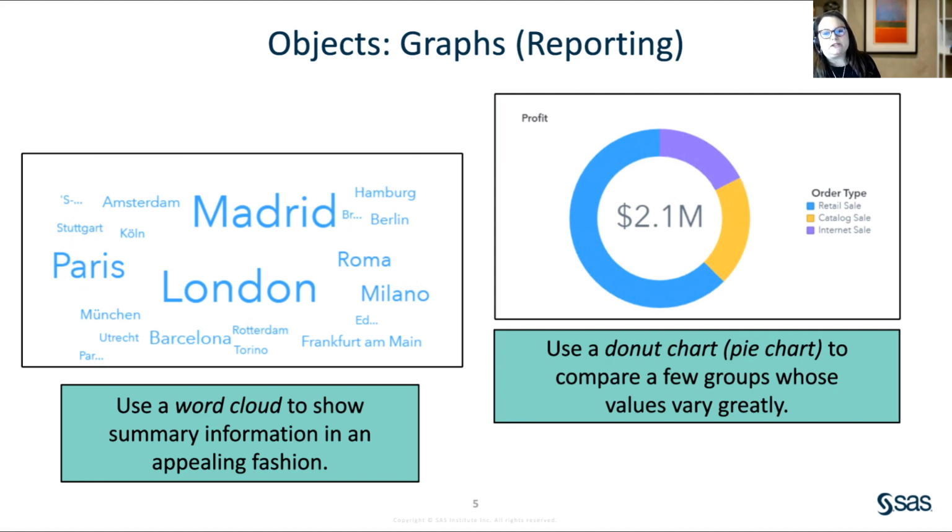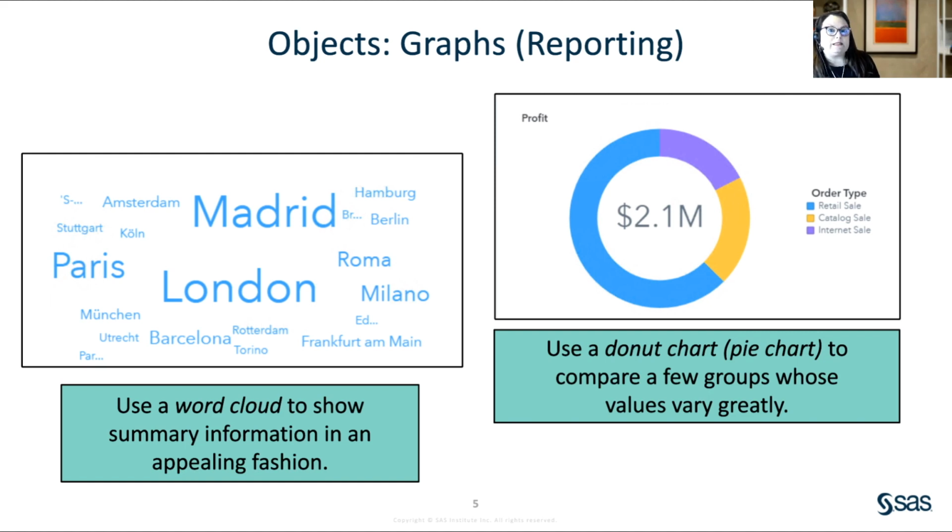So here, Madrid and London are very, very close in size. And I would be hard-pressed to pick which one had more, I'm pretty sure this is frequencies, but pick which one had more values. And then we have a similar situation over here on the order type. You know, which is larger, catalog sale or internet sale?